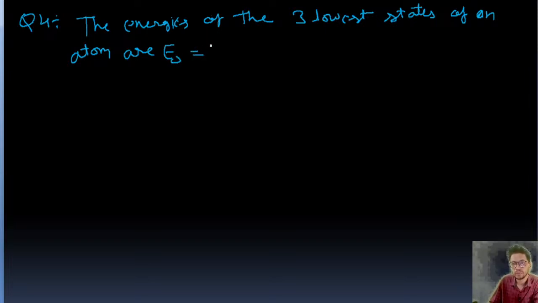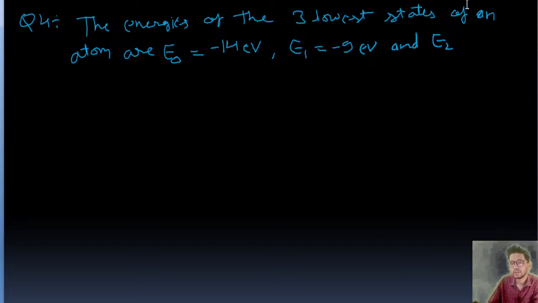E0 equal to minus 14 electron volt, E1 equal to minus 9 electron volt, and E2 equal to minus 7 electron volt. Okay, these are the energies of different levels, E0, E1 and E2.